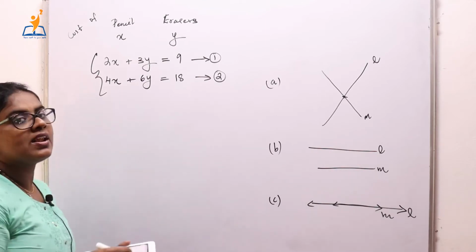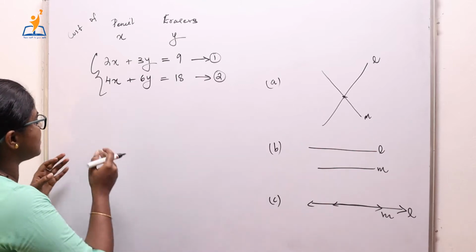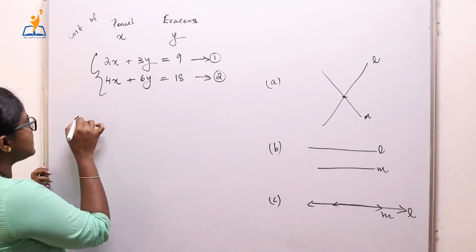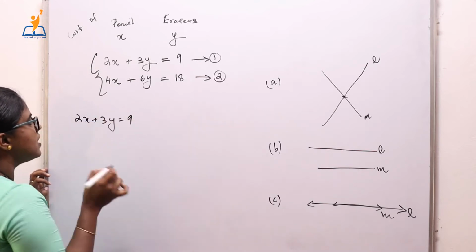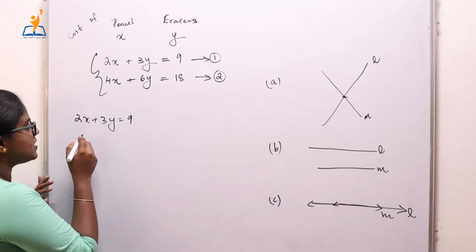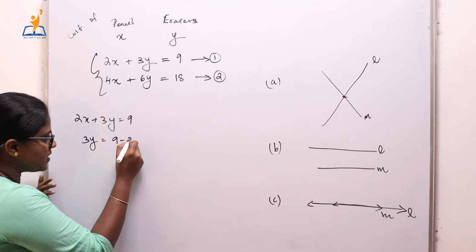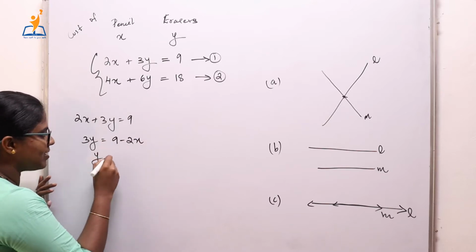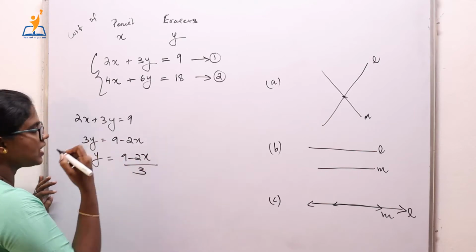For that we will consider each equation and draw the graph of each of them. Let's consider 2x + 3y = 9 first. First of all we want to find y, so 3y = 9 − 2x, and y = (9 − 2x)/3.